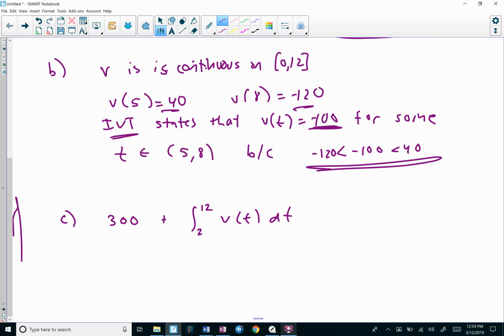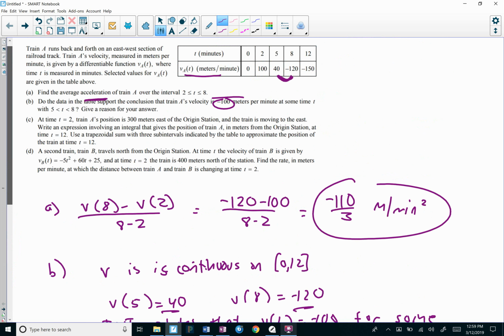That's my position. Okay, now I need to use a trapezoidal sum with 3 subintervals to estimate that. So I right away have the 300 plus, then I have 3 halves, 140, 3 halves, negative 80, 2, negative 270. And once again, we're just using the trapezoidal rule.